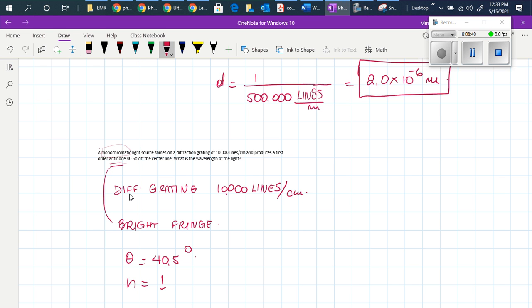So n equals 1. What is the wavelength of this monochromatic light?